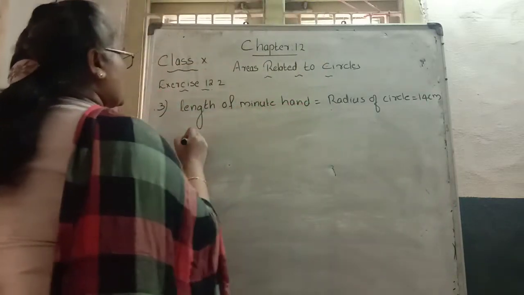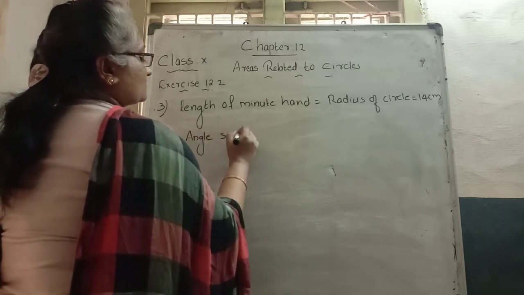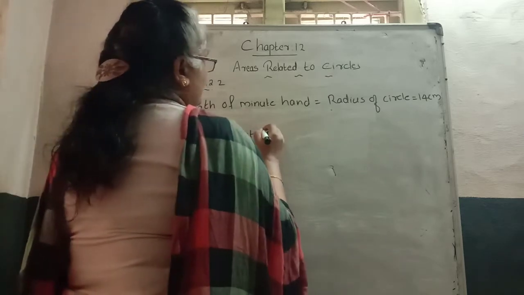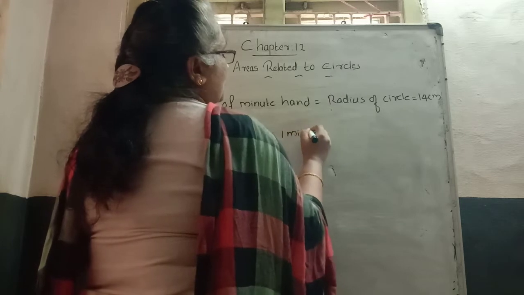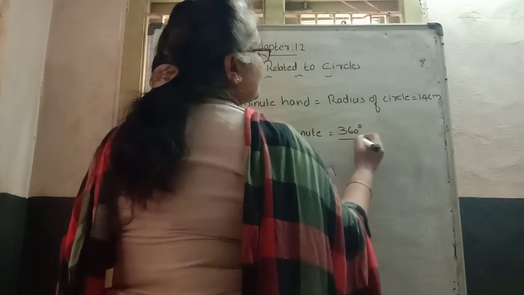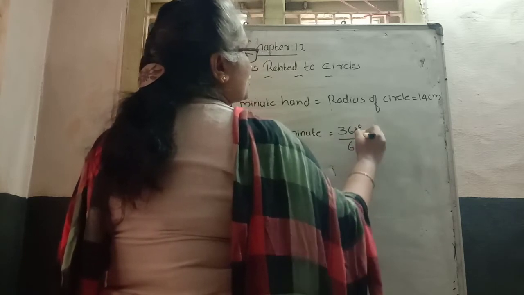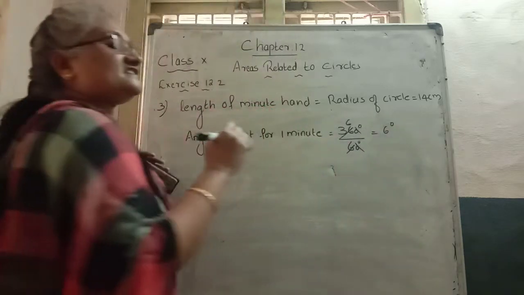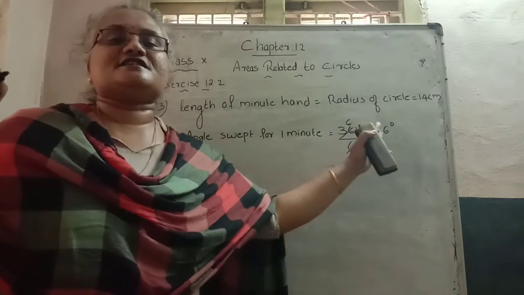Next we want to find the angle swept for 1 minute case. How to find out? Formula is 360 degree divided by 60. Here 0 cancel, 6 table 30. So what is the answer? 6 degree is the angle swept for 1 minute case.